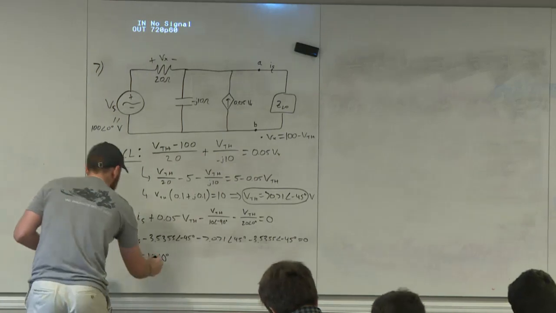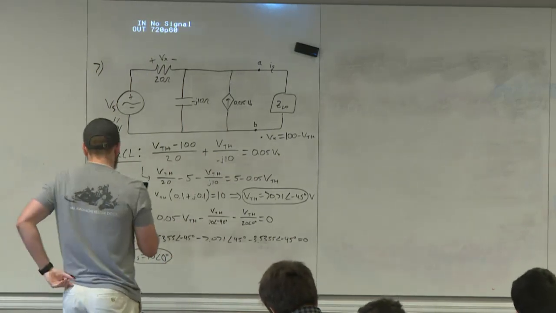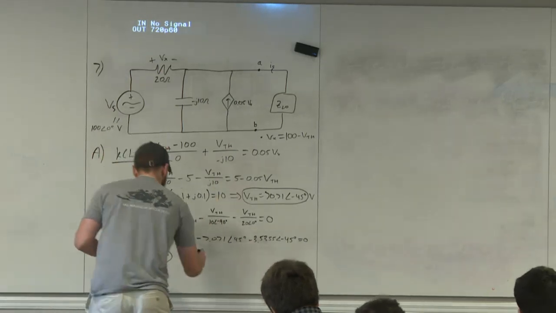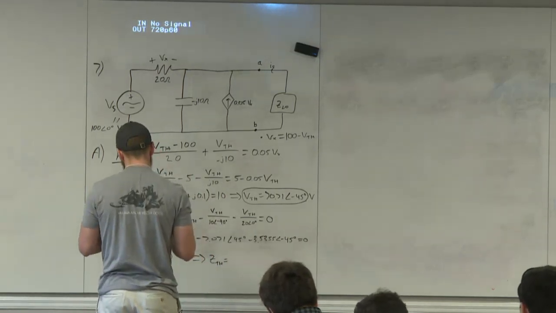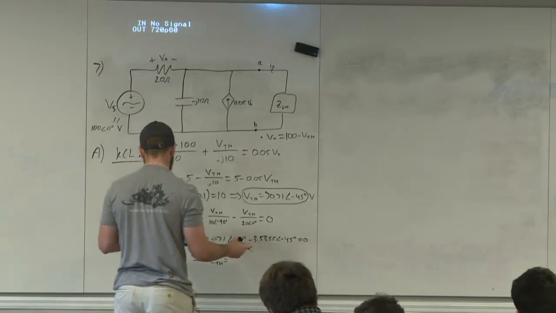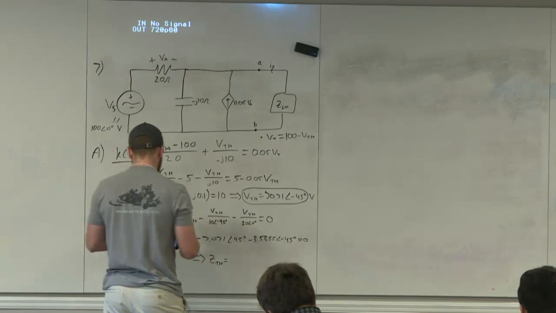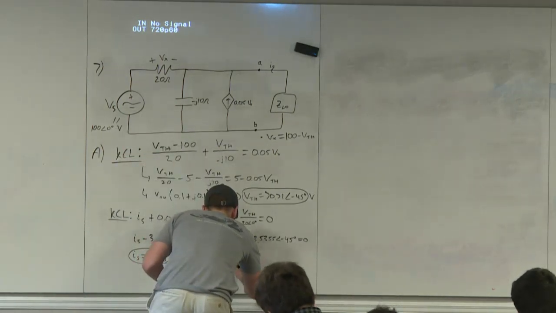We'll circle that because we also need it. Then we solve for Z Thevenin by doing V Thevenin over IS. So Z Thevenin ends up equaling 7.071 angle negative 45 degrees, which I'll put as 5 minus J5.